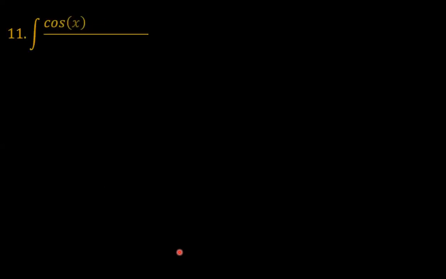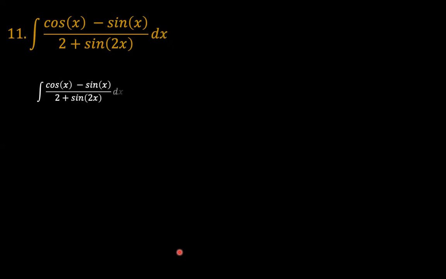Now, problem 11, cosine x minus sine x over 2 plus sine 2x. As you can see, this is a little bit complicated. This problem could be expressed as cosine x minus sine x over 2 plus 2 sine x cosine x, just trying to expand the sine 2x term so that everything is in the same angle format, that is x.